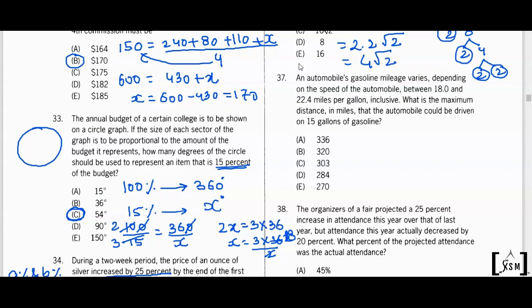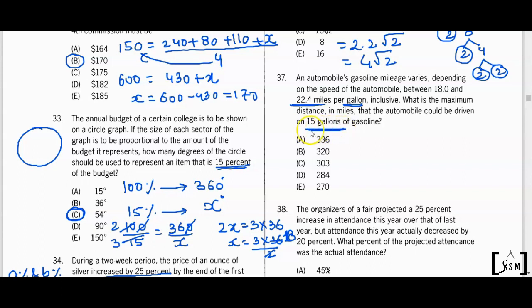An automobile's gasoline mileage varies depending on the speed of the automobile between 18 and 22.4 miles per gallon. What is the maximum distance in miles that the automobile could be driven on 15 gallons of gasoline?